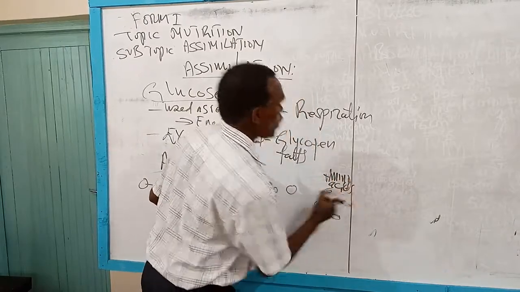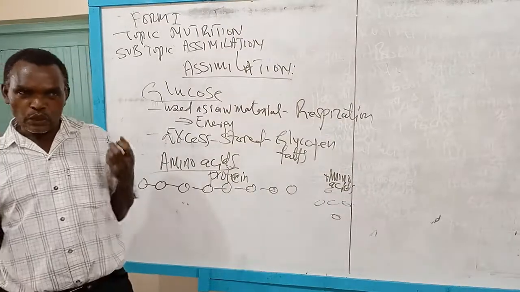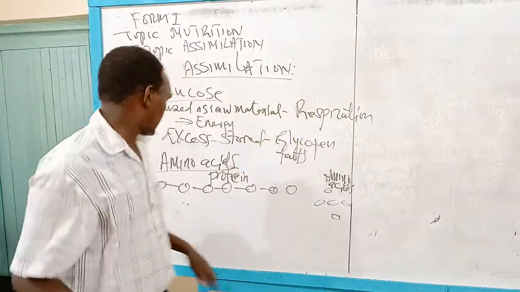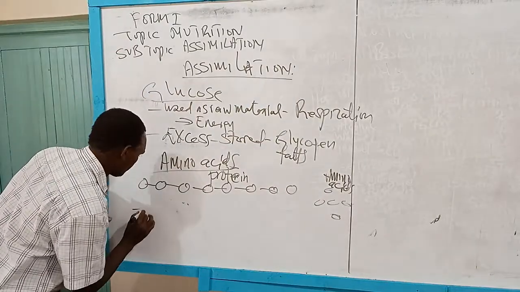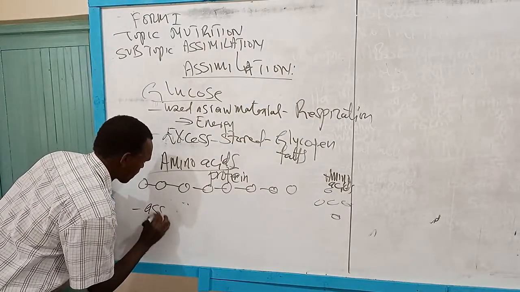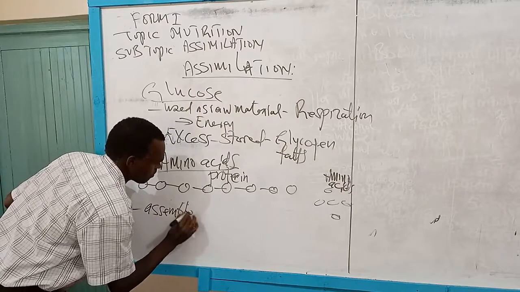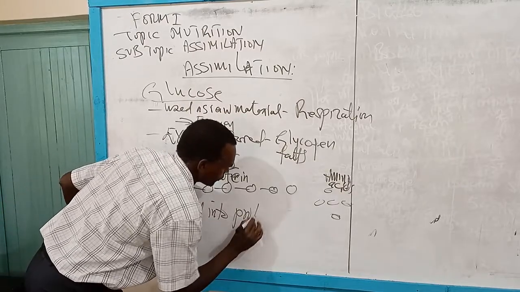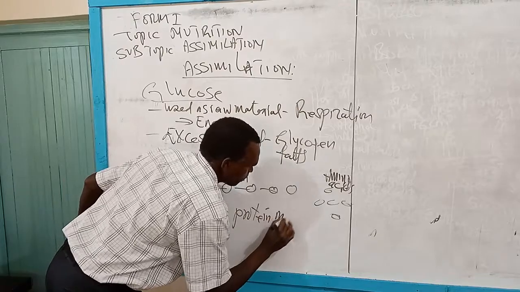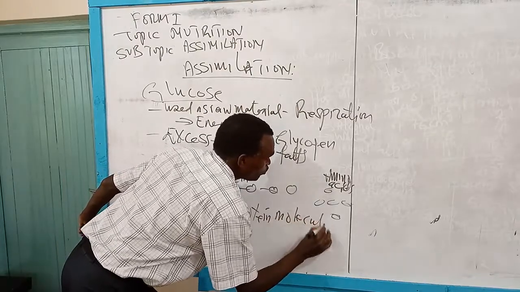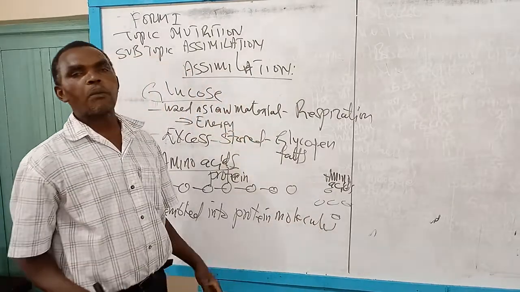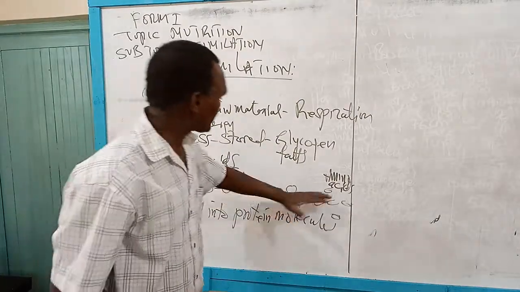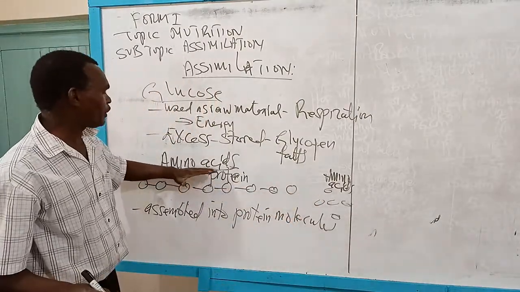Therefore, when these are absorbed into the body, they are assembled back into protein molecules to make up tissues of our body. So that is the use of amino acids.